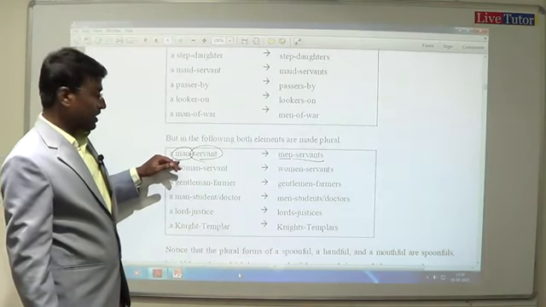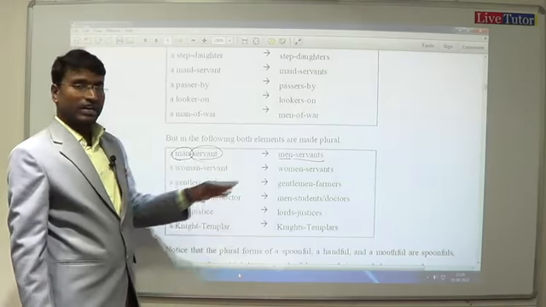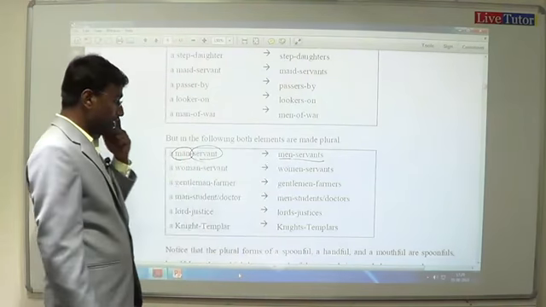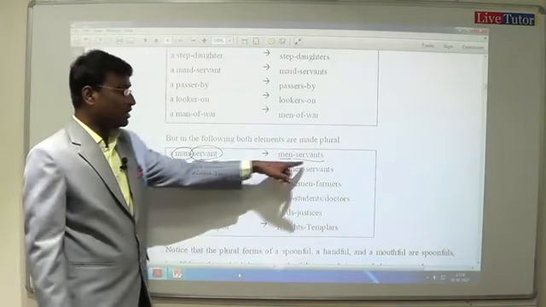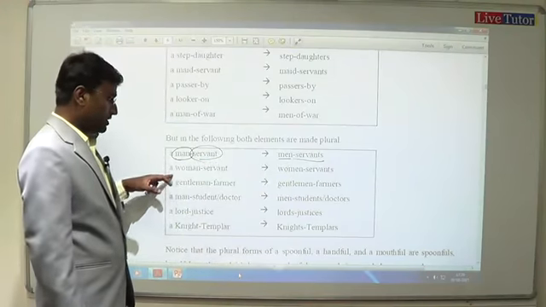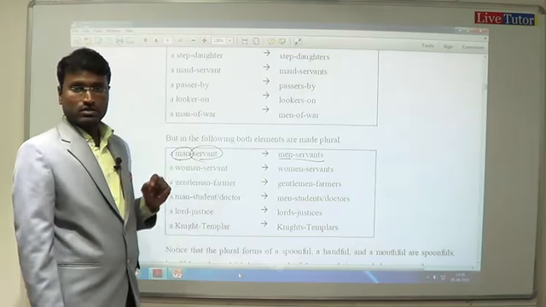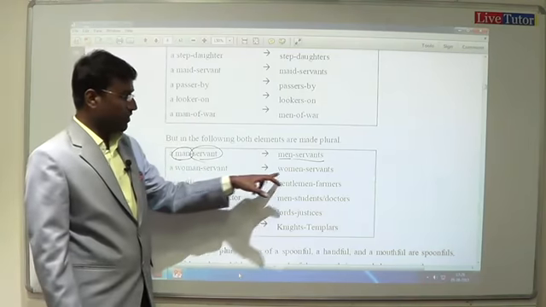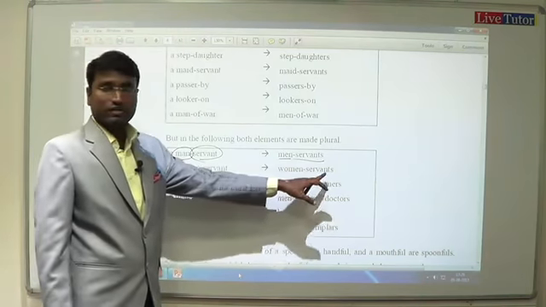The example word is a man servant becomes men servants. So you are changing man into men and servant into servants. And the second one is a woman servant. Woman becomes women and servant becomes again servants.